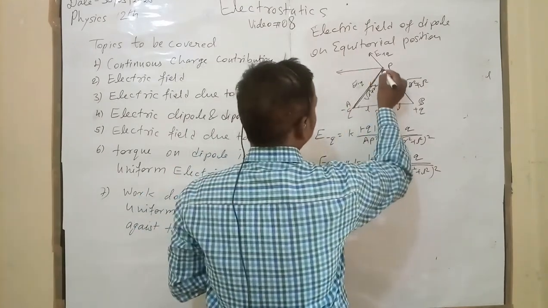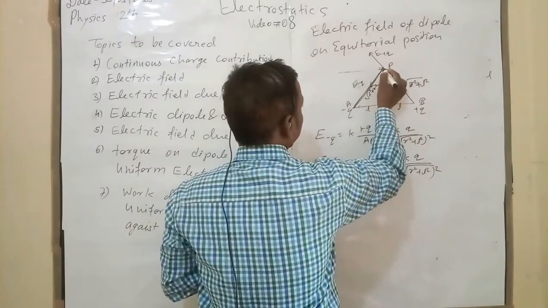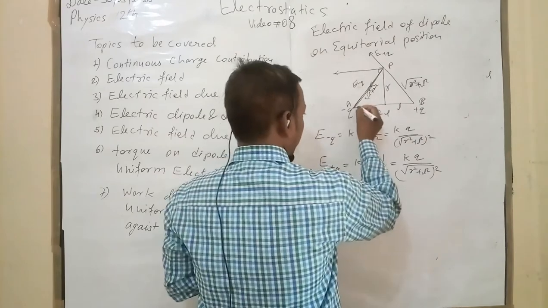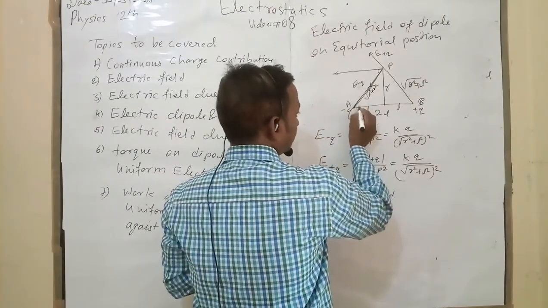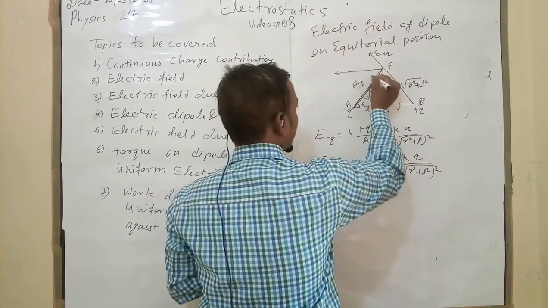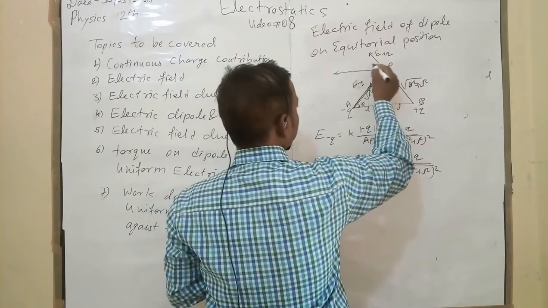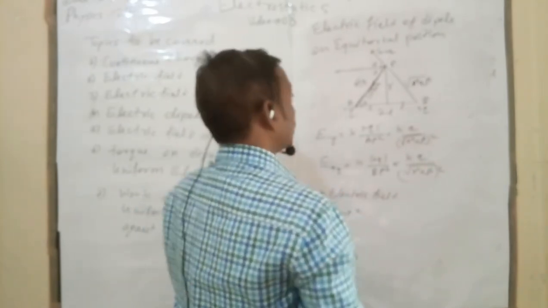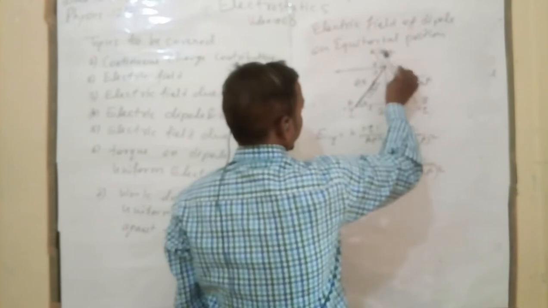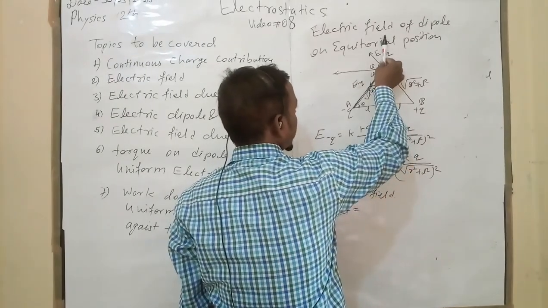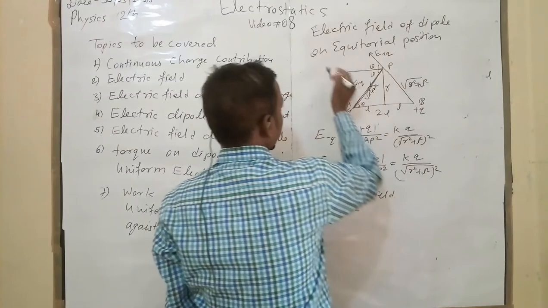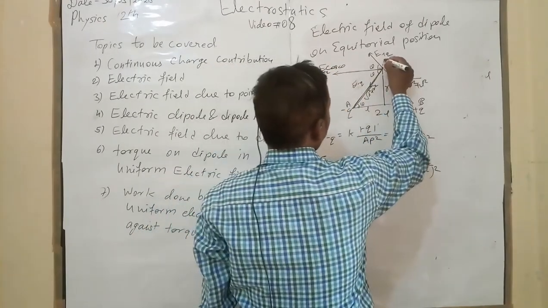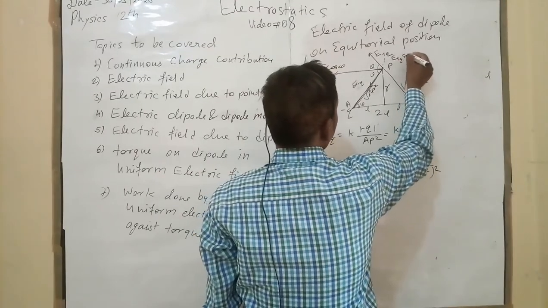If the angle between these two sides is theta, then this is also theta and this is also theta. So write the components of these electric fields. It can be E sin theta and E cos theta. Here E plus Q cos theta, and here E plus Q sin theta.